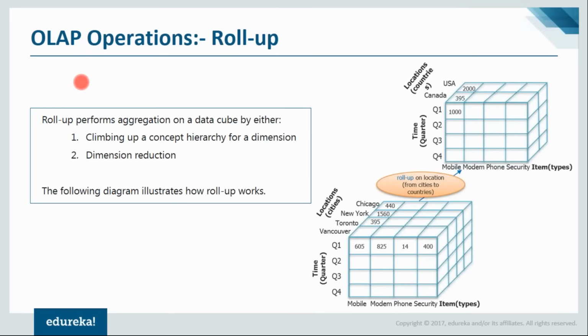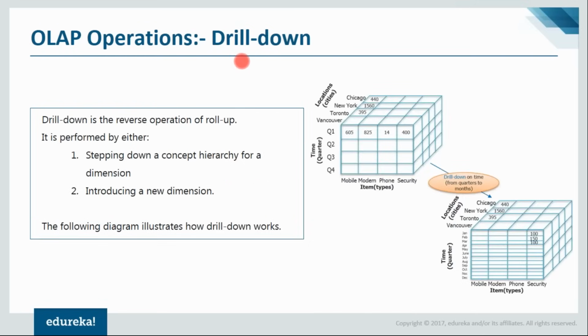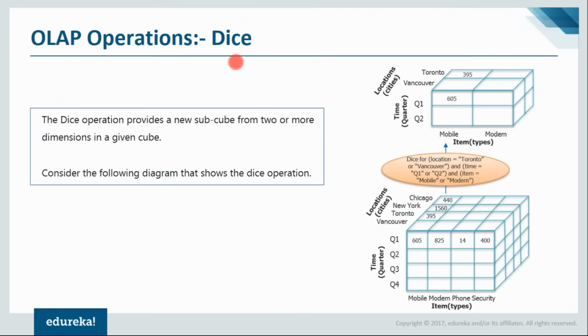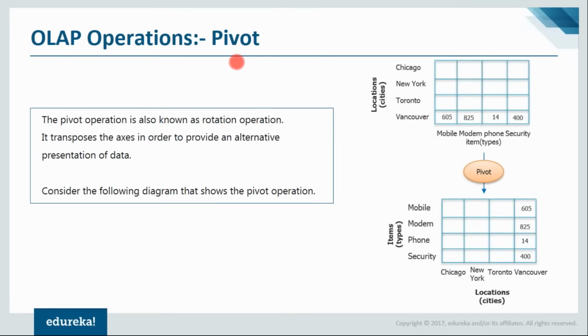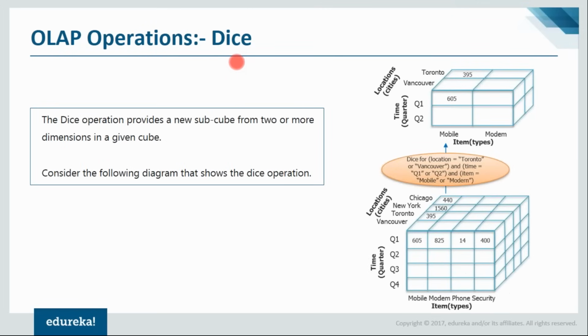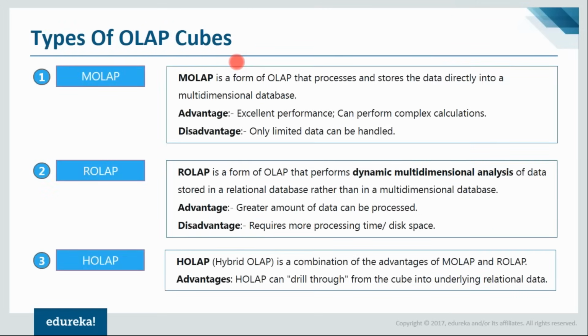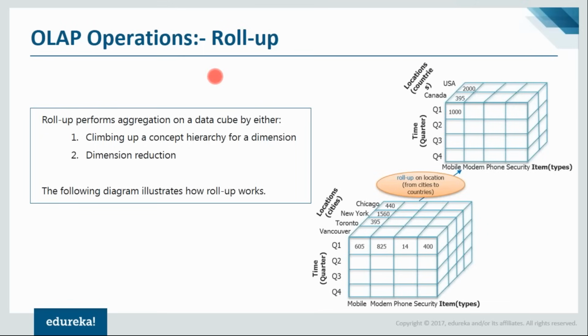So the next topic that we have for today is that of OLAP operations. All right. So we have 5 different operations, and they are roll up, drill down, slice, dice, and pivot. Okay. So these are the 5 different OLAP operations that we can do on our OLAP multidimensional data. Right. So going to our first operation, that is roll up.